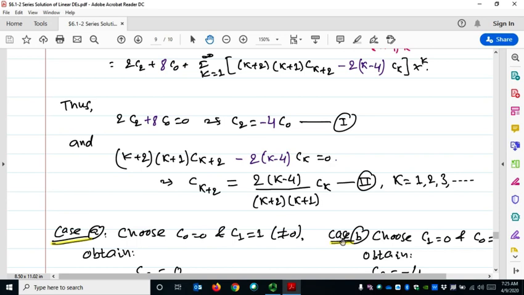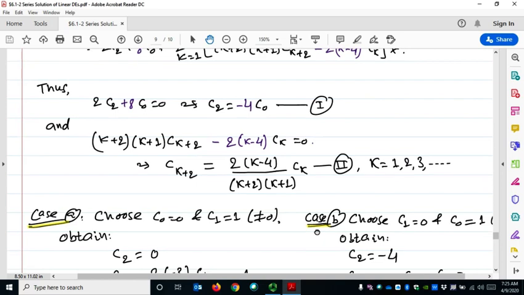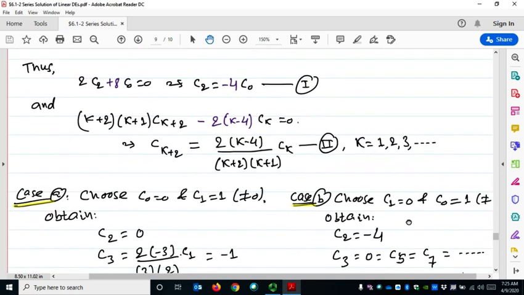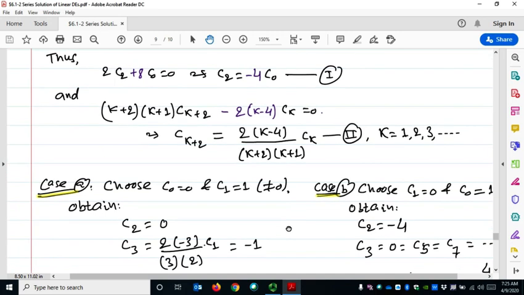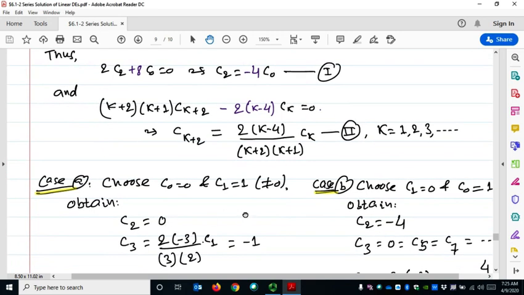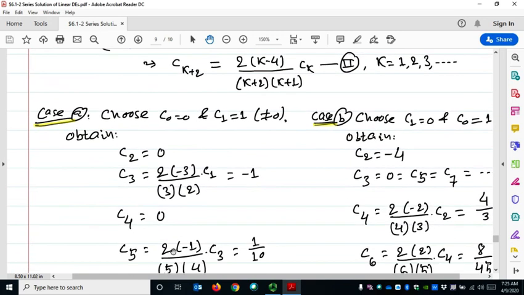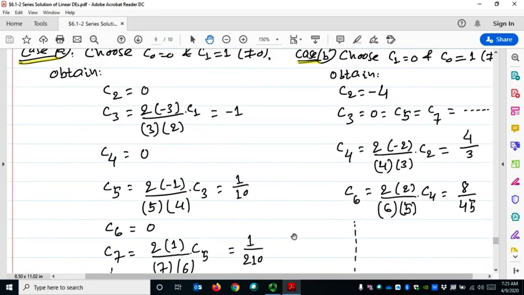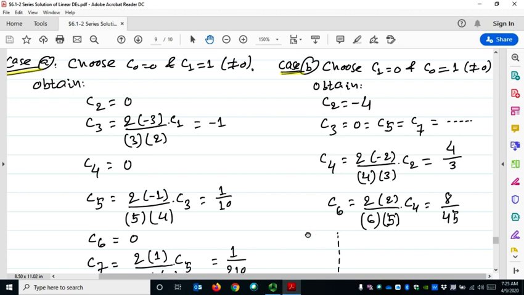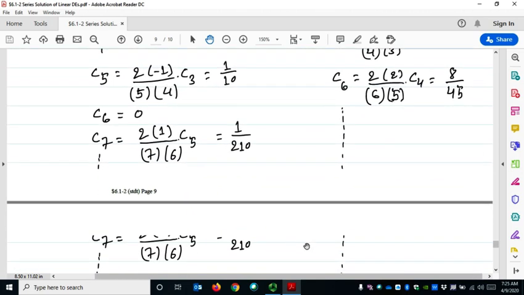And another option, we choose c1 is 0 and c0 is 1. I'm just switching those here. Then as before, compute these ck's here. So here all the evens are zeros, here all the odds are zeros. That's the computations. Then we end up here.